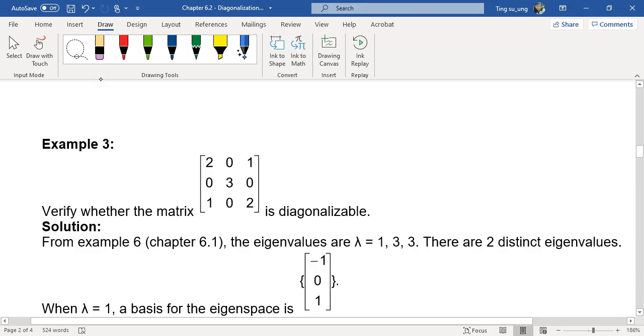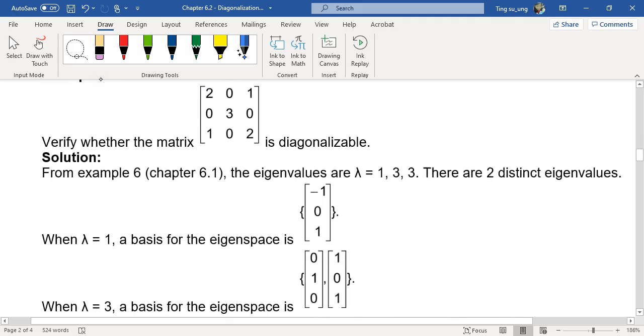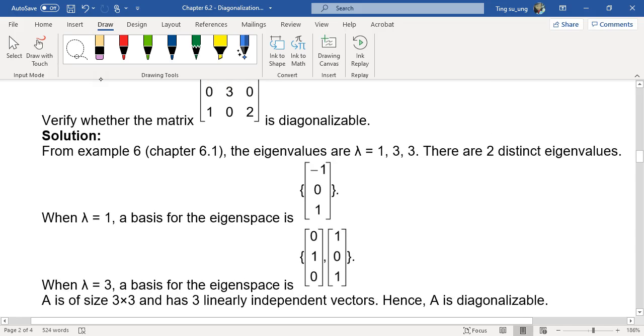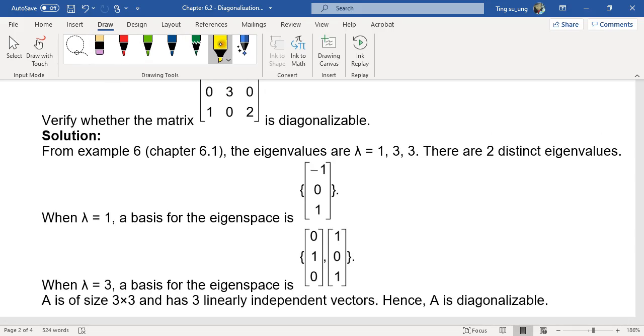When lambda equals 1, you have your eigenspace. When lambda equals 3, you have 2 eigenspaces. So in total how many vectors are involved? 3 exactly. So you have 3 linearly independent vectors. What's the size of your matrix? It is 3 by 3. So it fulfills the main condition, hence A is diagonalizable.